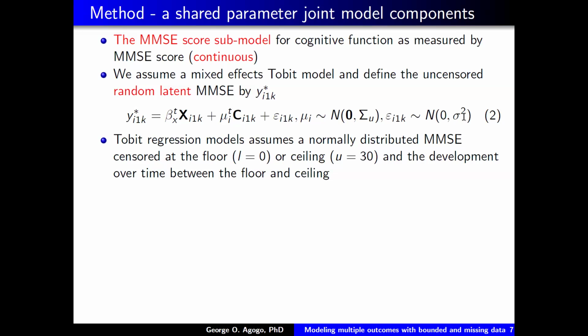So a mixed effects Tobit model assumes a normal distribution for the latent MMSE scores. Tobit regression models assume a normally distributed MMSE score censored at the lowest value, which is the floor, and at the ceiling, and the development between the floor and ceiling over time.